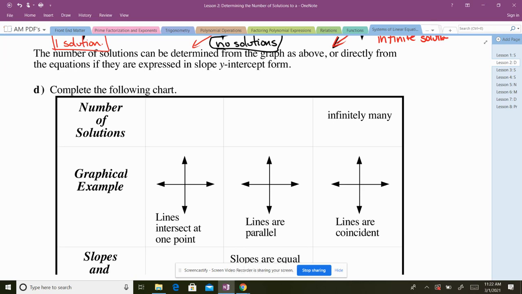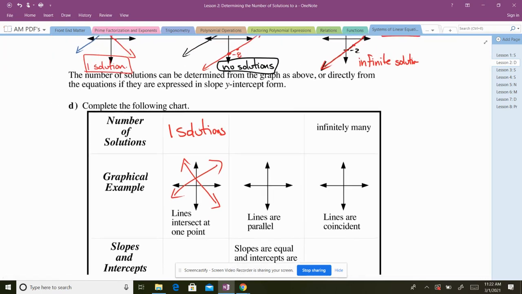So if there is one solution, how do the lines intersect? How do they intersect? If you have one solution. Yeah, well, it doesn't have to be 90 degrees, but they just cross at a certain point. So it would look like that. Doesn't have to be 90, but they just have to cross.